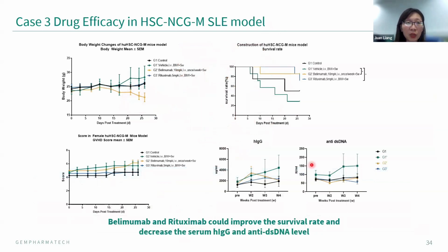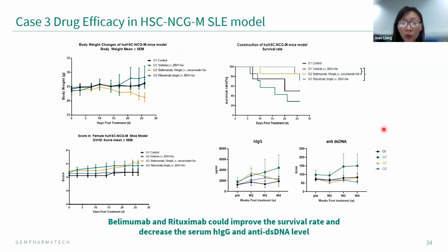So here are our drug efficacy figures. From this figure, we can observe that those two curves, the yellow one and the blue one, are the drug treatment groups. And from the data, we can see the drug treatment could improve survival rate.